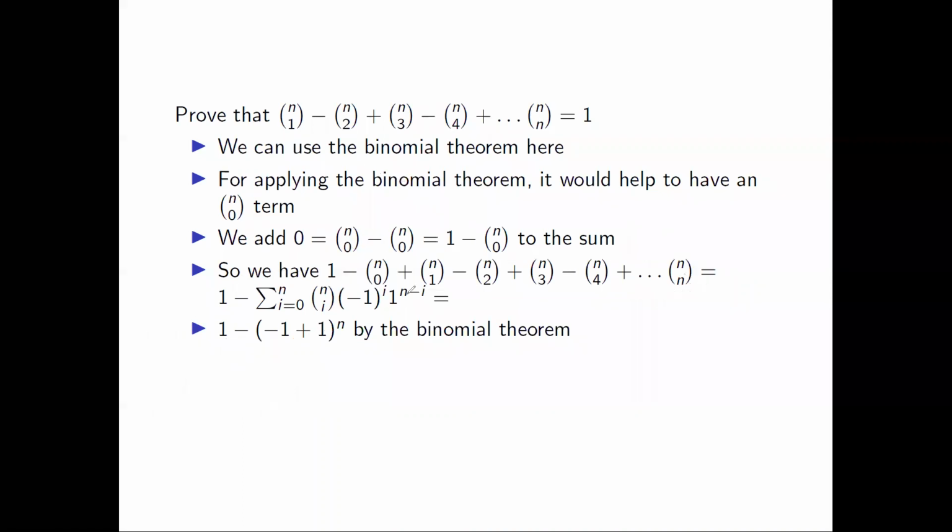I'll clear that to make that a little more visible. And remember, we still have the 1 right here. So this quantity right here became negative 1 plus 1 to the n by the binomial theorem. This one just came down here. And there was a minus in front right here of the sum, and that came down as well.